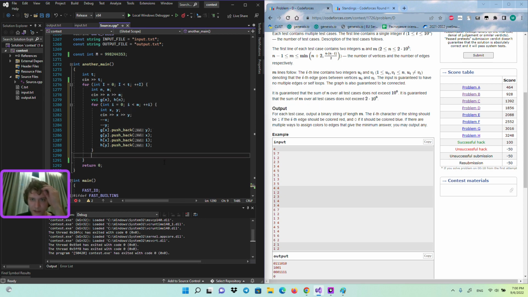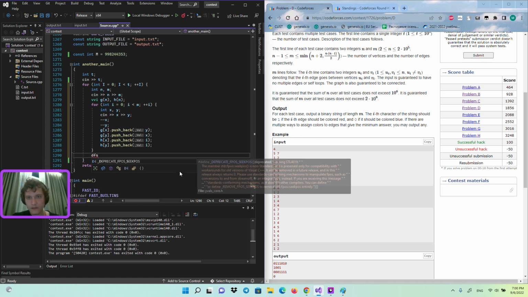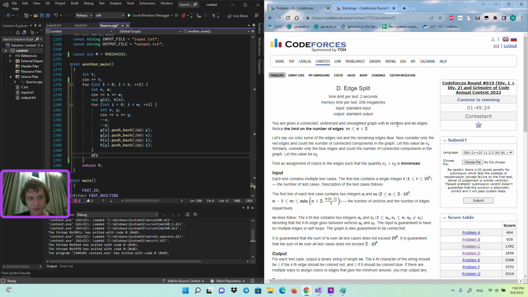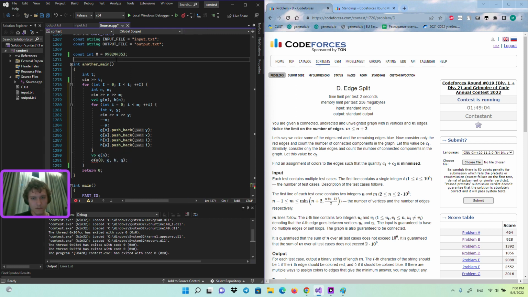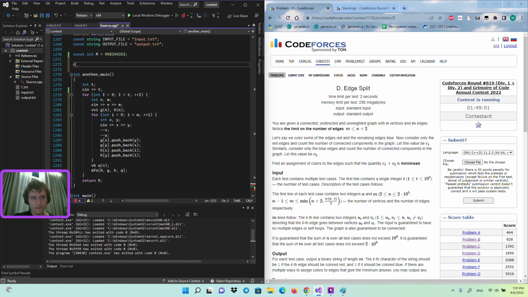So first of all, we read the graph. Now we have to make a DFS. DFS in the vertex 0. Okay, we also want to have some parents.